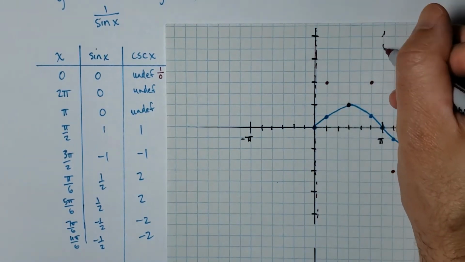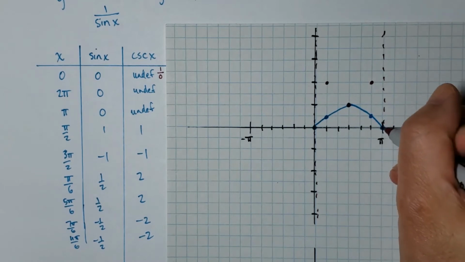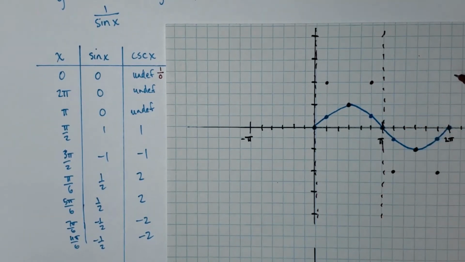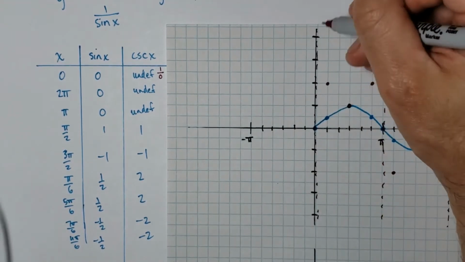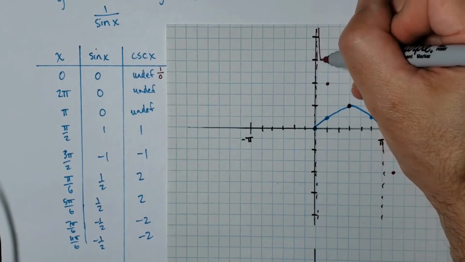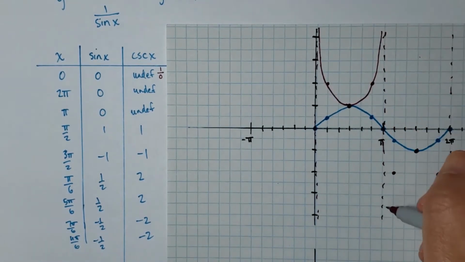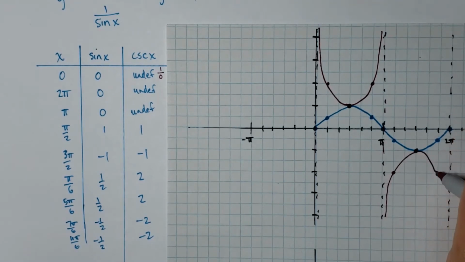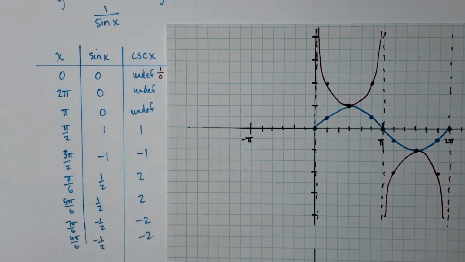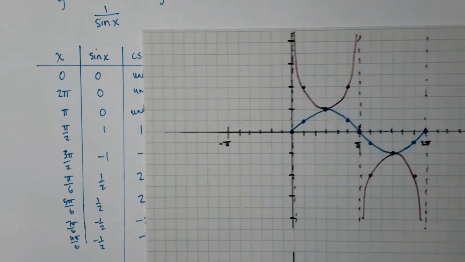So basically, wherever there are x-intercepts on sine, there is a vertical asymptote on cosecant. And so this gets close to infinity. So we come down here, and what we have are these U shapes, just like that.